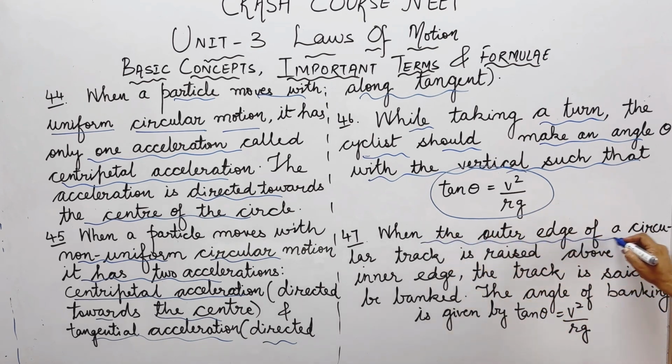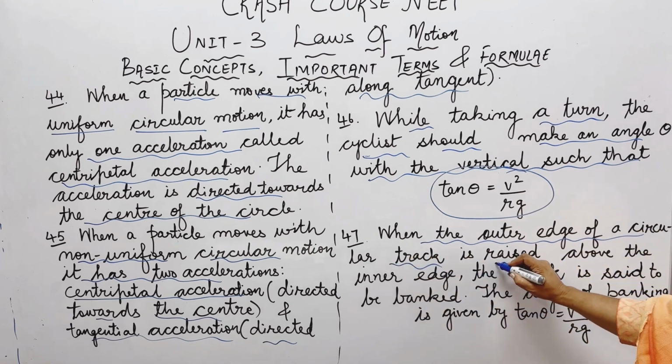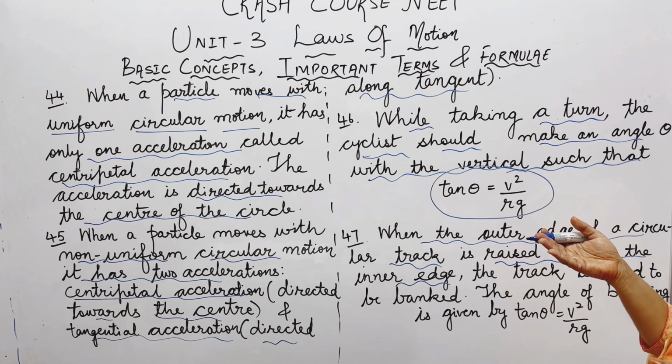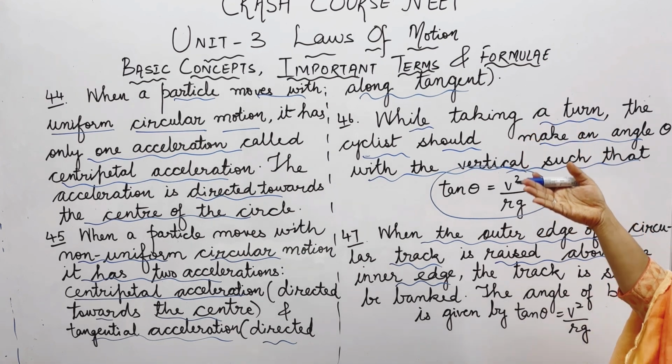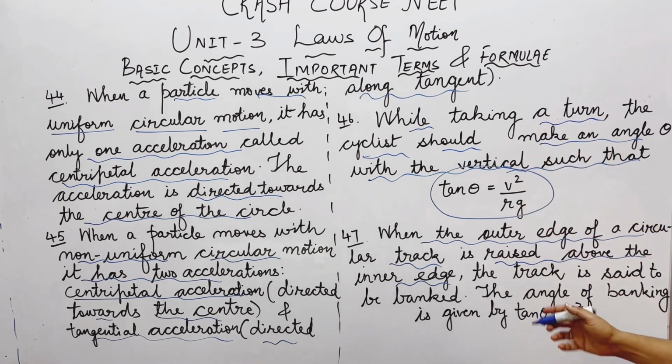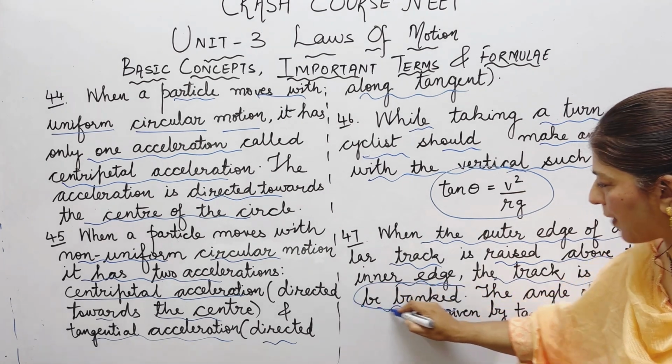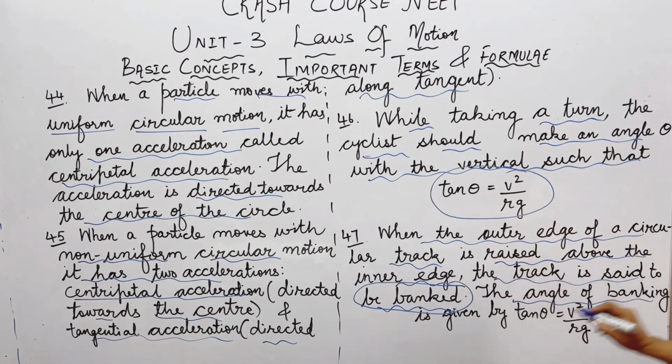When the outer edge of a circular track is raised above the inner edge, the track is said to be banked. This type of track is called a banked track, and the angle of banking is given by the same formula that we have seen, tan theta equal to v square upon rg.